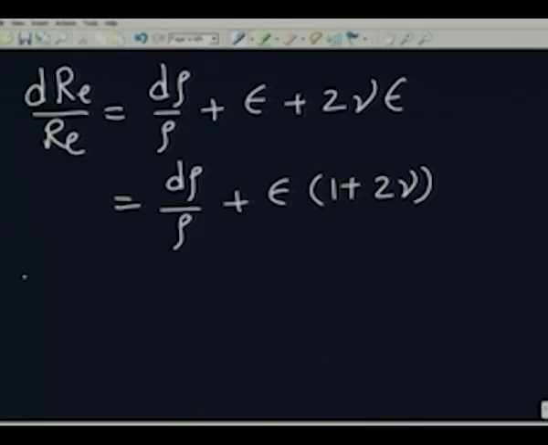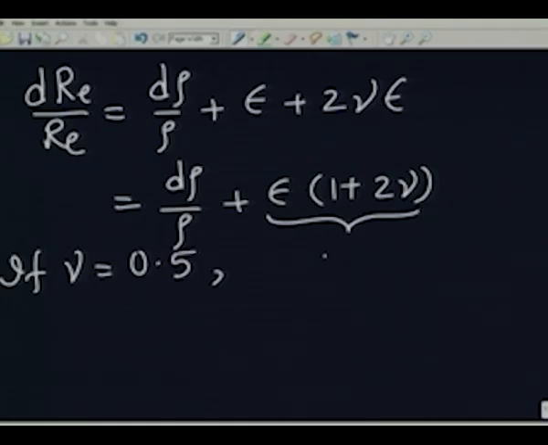If nu equal to 0.5, this term will become 2 nu is 2 into half is 1, 1 plus 1 is 2, 2 into epsilon, 2 epsilon.